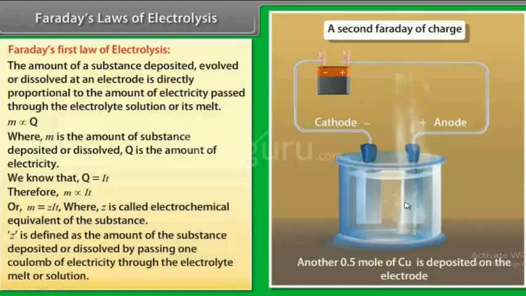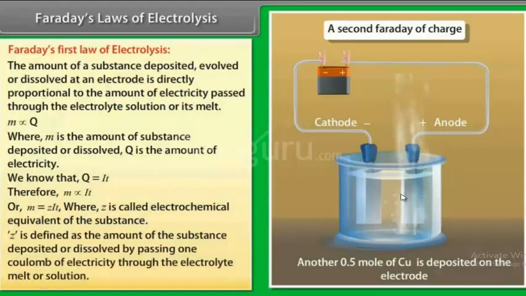Now what happens here? When electricity is supplied, the ions which freely move inside the electrolytic solution reach the different electrodes. Cations reach the cathode and anions reach the anode, and oxidation and reduction reactions occur. At the anode oxidation always occurs, and at the cathode reduction always occurs.